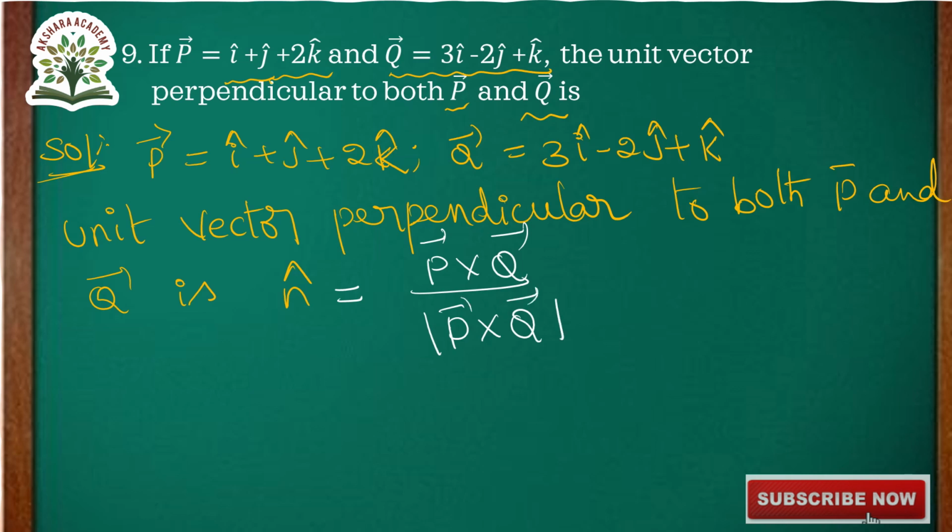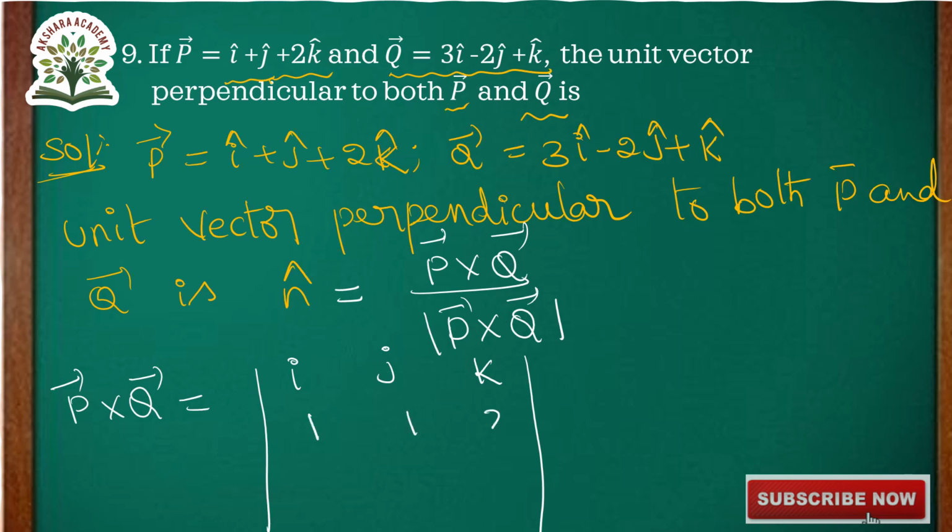So now first we have to calculate P bar cross Q bar. That is equal to, now we are finding the cross product of P and Q. So i, j, k, and components of P are 1, 1, 2 and the Q vector components are 3, minus 2, 1.